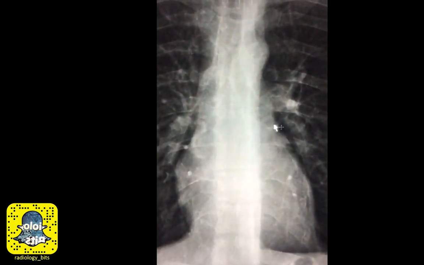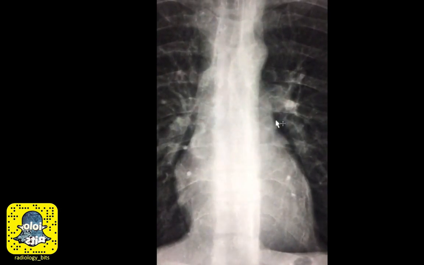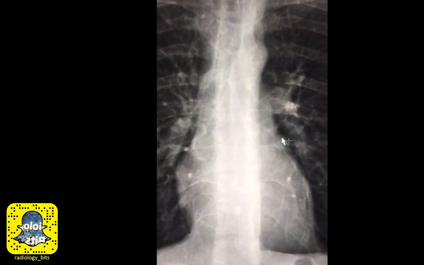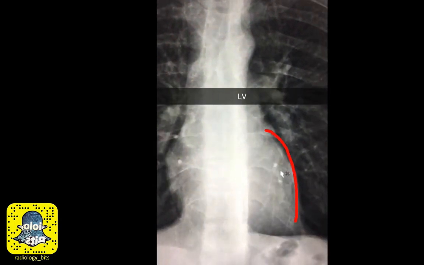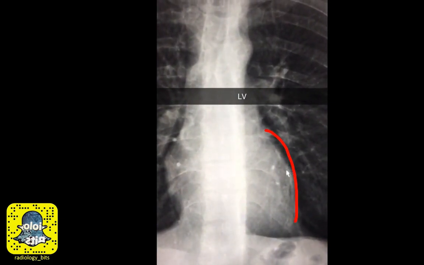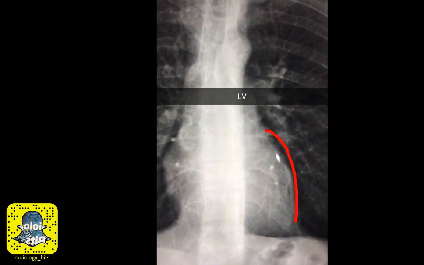Books tell us that this is the area of the left atrial appendage. If it is, it's a small part and it's very difficult to see unless the atrial appendage is dilated. For practical purposes, let's look at this larger border here, which is part of the cardiac border. In particular, this is the left ventricular border.